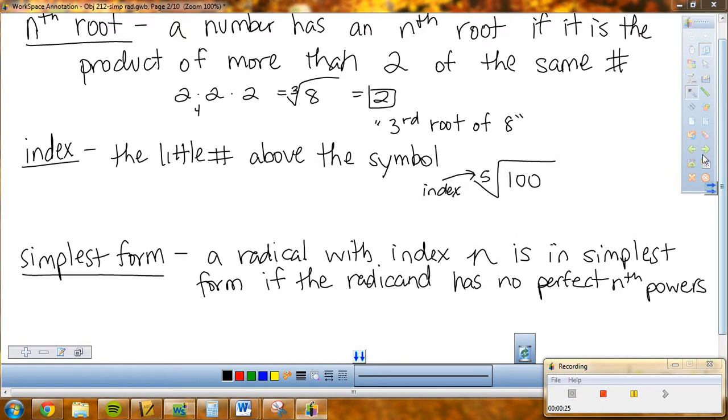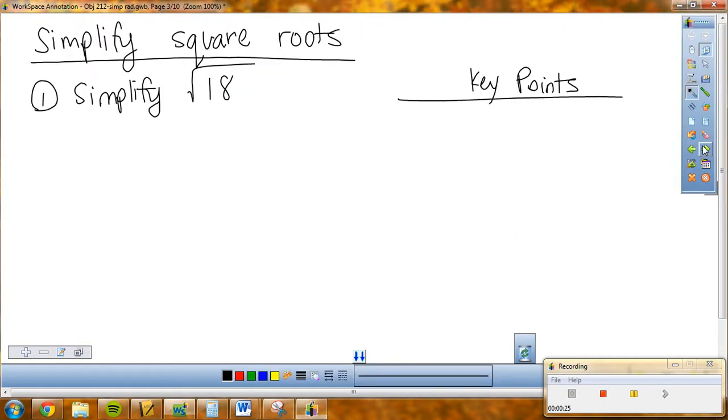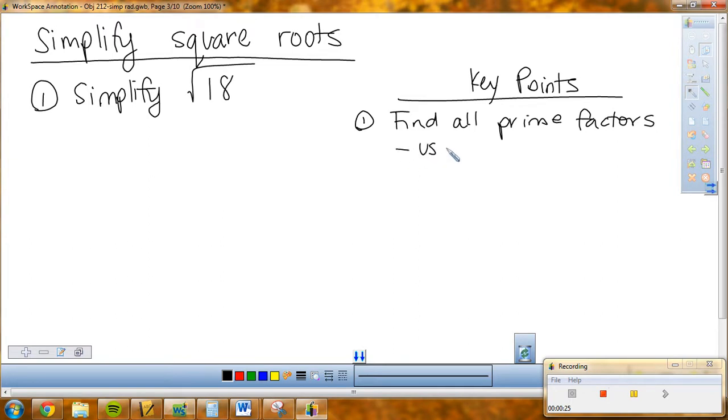So let's get into some examples. If we want to simplify our square roots, in example 1, we want to simplify square root of 18. So our key point, the first thing we need to do is find all prime factors. And the best way to do this is to use a factor tree.